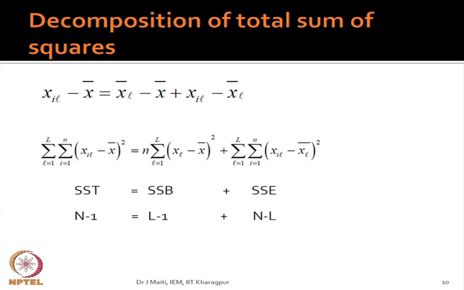Okay. You see here that the sum over L equal to 1 to L, i equal to 1 to n, (x_iL minus x bar) squared, this is the sum square total, and we have already seen the other one, n times the sum over L equal to 1 to L of (x_L bar minus x bar) squared. This is the difference, the variability part, from the grand mean to the individual population means. That sum you have taken.